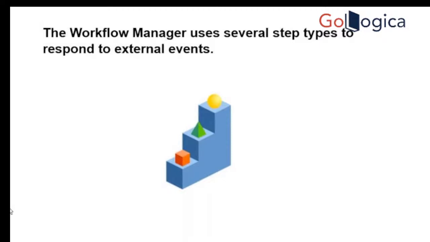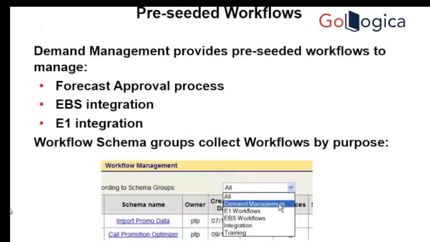Okay. So it's a set of events which we execute in sequential order. There are so many types of steps in the workflow definition. I'll show you the steps when I go to the application. When we create any workflow, or if you see any existing workflows in the workflow manager or workflow management window, it will show a list of workflows.